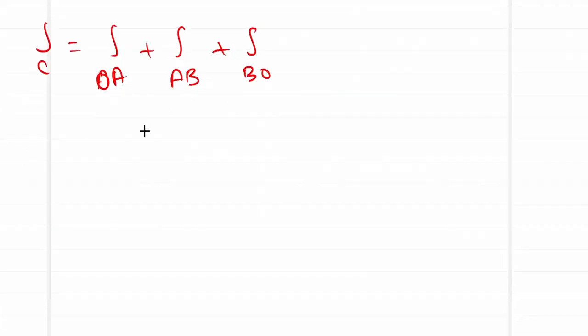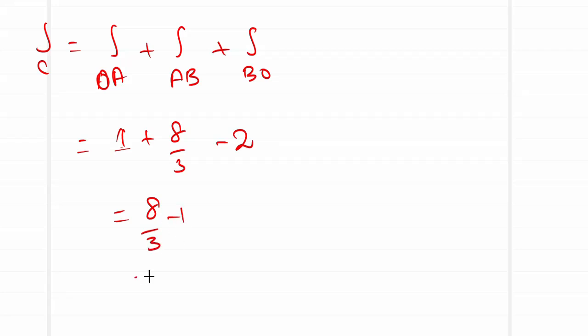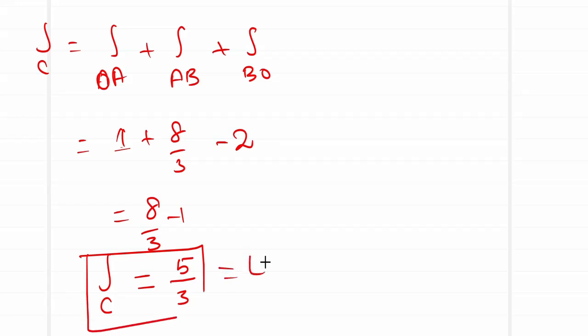So this makes it 1 plus 8 by 3 minus 2. Now 1 minus 2 gives 8 by 3 minus 1. Taking 3 as LCM, you have 8 minus 3, so 5. So the integral along the curve C is going to be 5 by 3. So my answer for my left hand side is going to be 5 by 3.